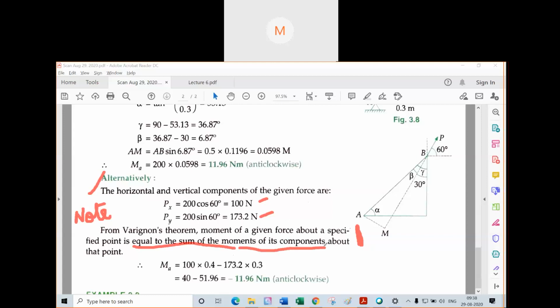So now we will find out the individual moments. Now what happens? Look, if we have got Fx, this one let us think as F of x. Okay, and here let us make it what?